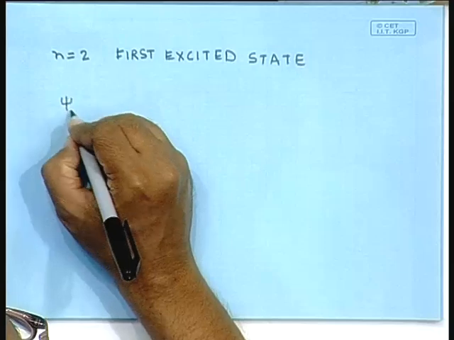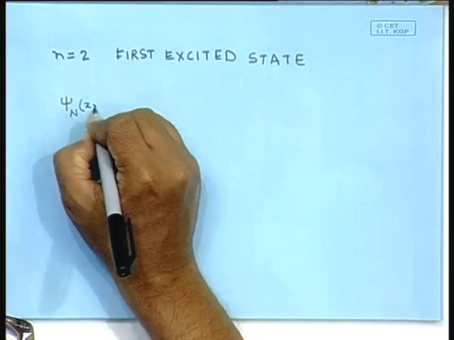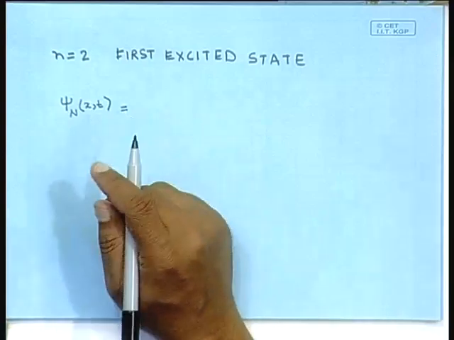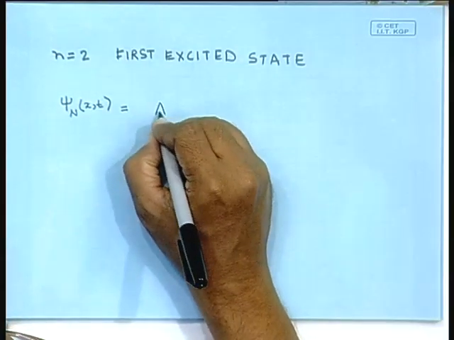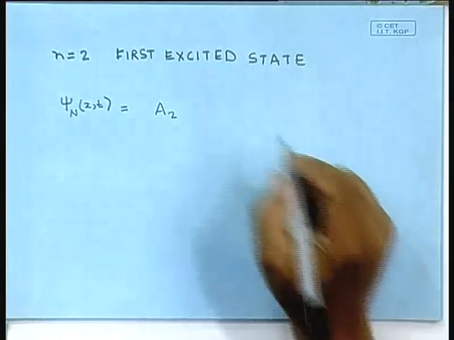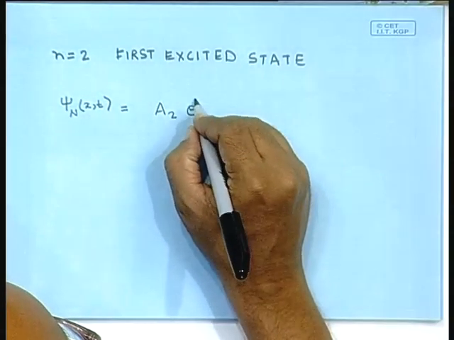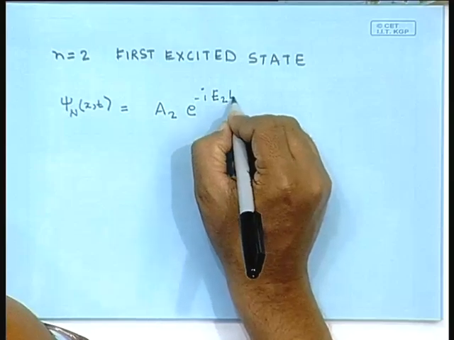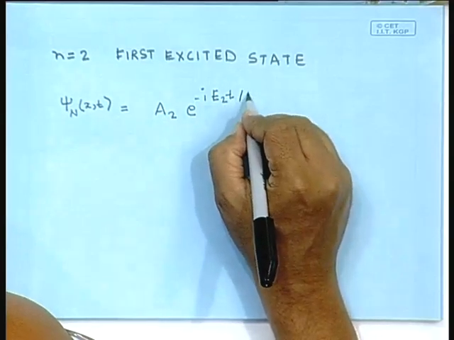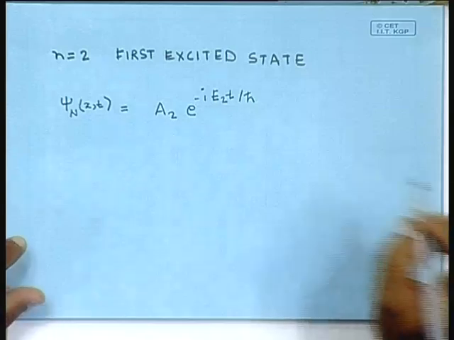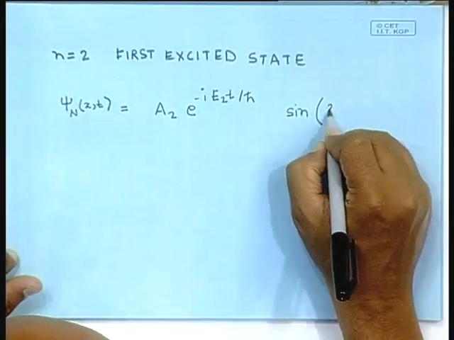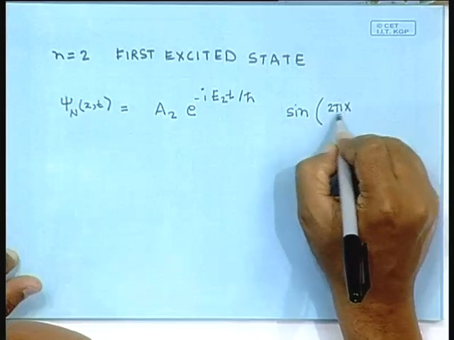And the wave function now, psi n x t, is a2, a normalization coefficient, into e to the power minus i E2 t by h cross into sine 2 pi x by a.